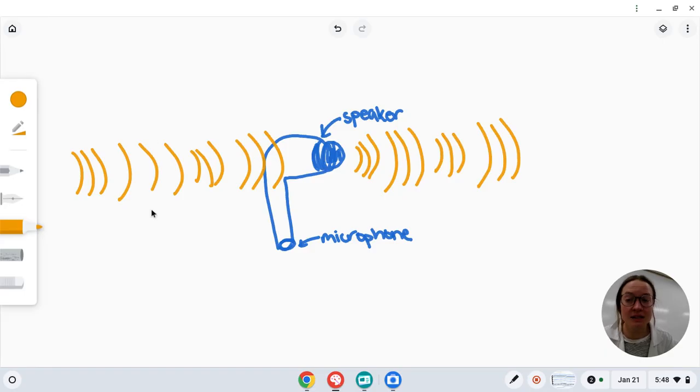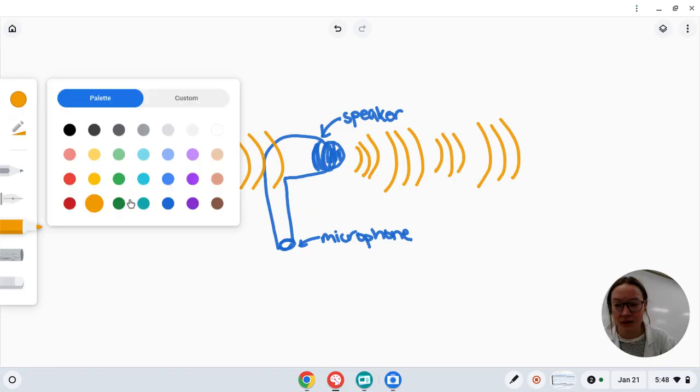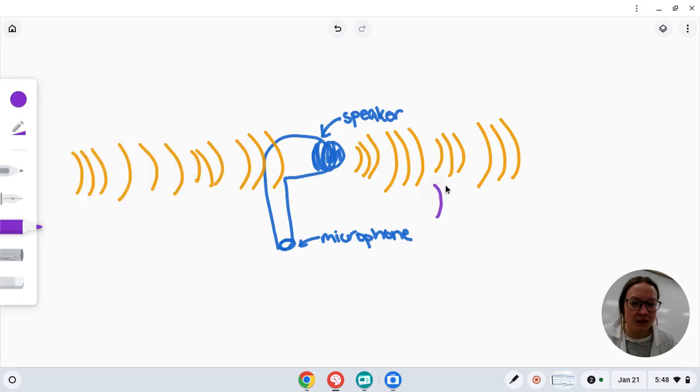And the speaker says, okay. And the speaker plays the same sound right back to you, except it plays the sound just slightly shifted over. So instead of having the rarefaction right here, when your speaker plays the sound, it plays the rarefaction right here.